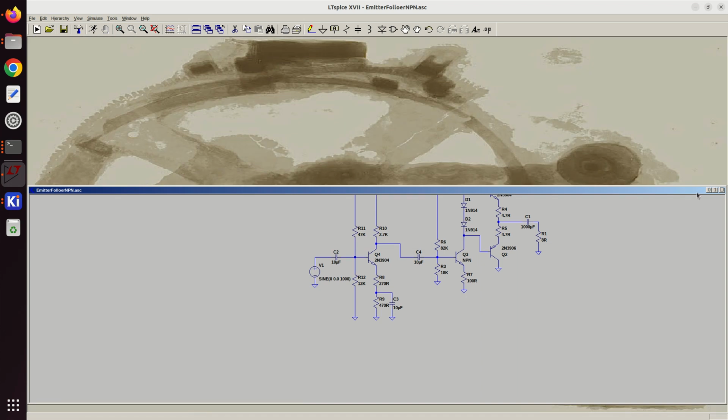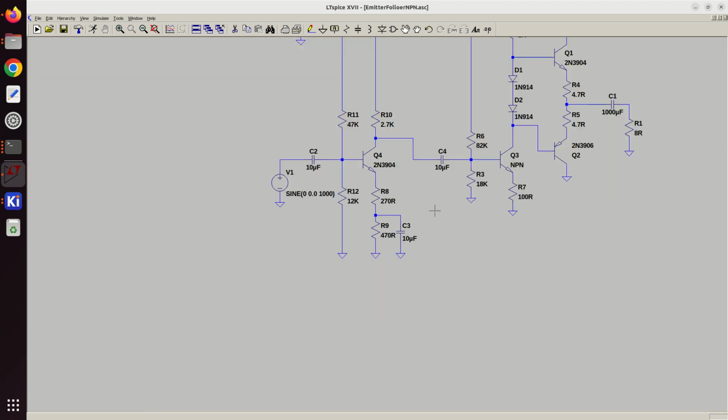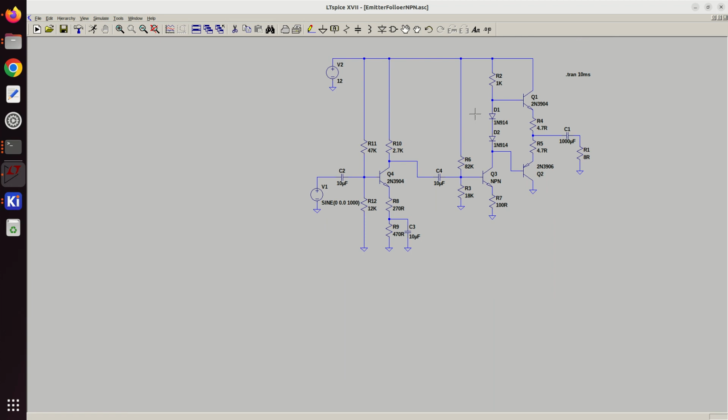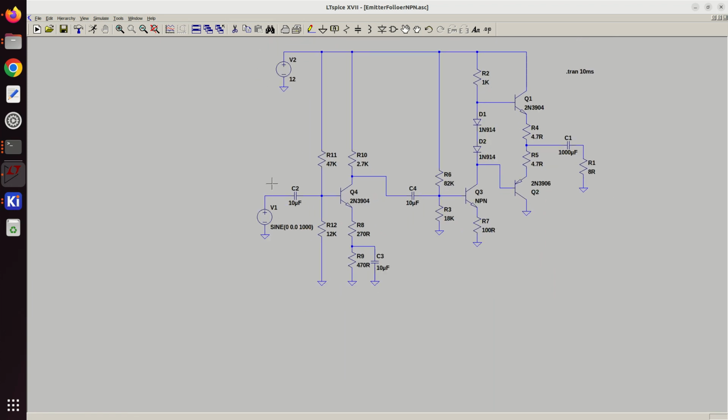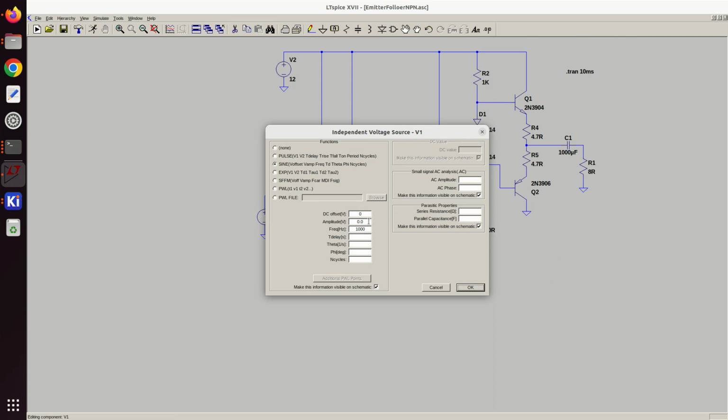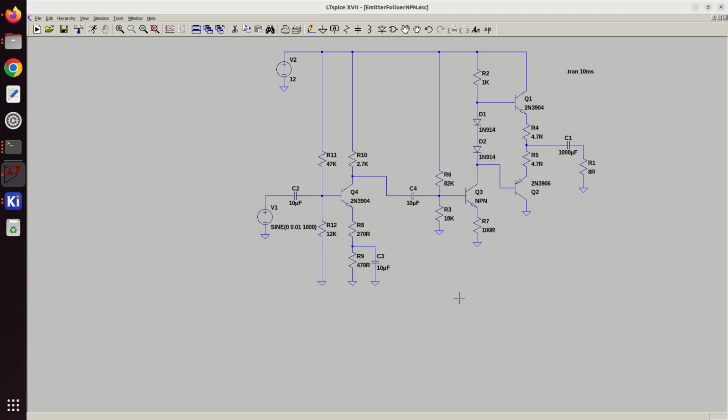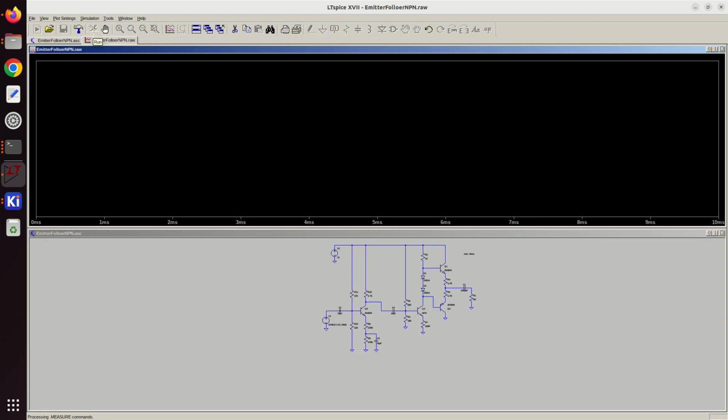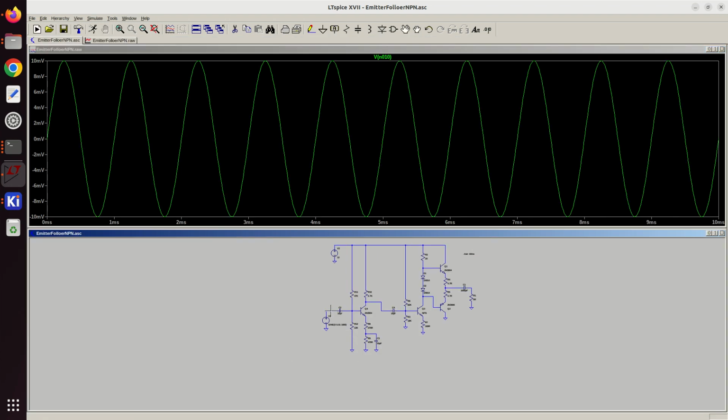So now let's look at where we are here. Okay, so this is our preamplifier. So let's turn on 0.01, 10 millivolts on the input, and save that and simulate. So that's 10 millivolts on the input. Let's see what we're looking at here.